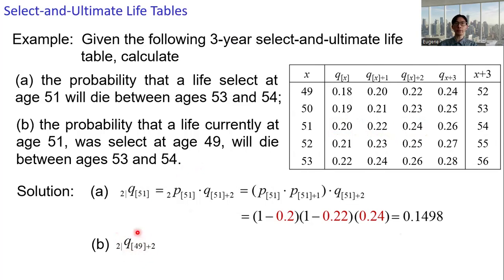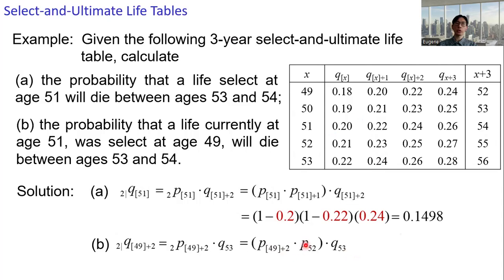We have square bracket 49. Similarly, this can be expressed as 2p49+2 times q53, which is p49+2 times p52 times q53.